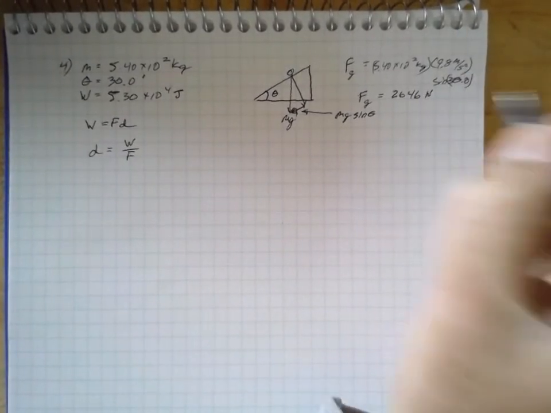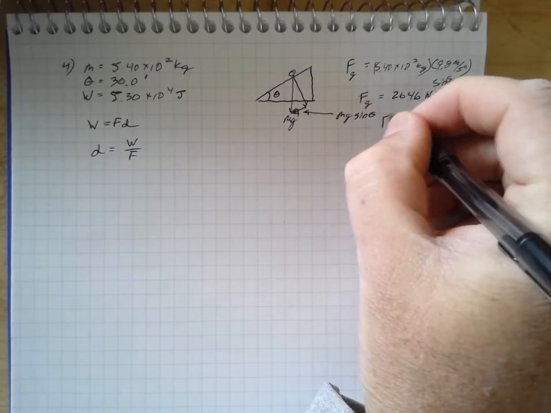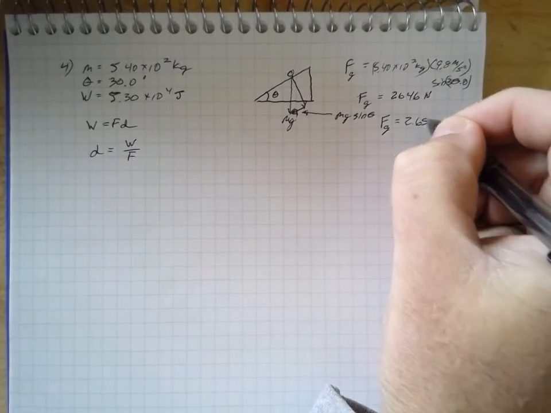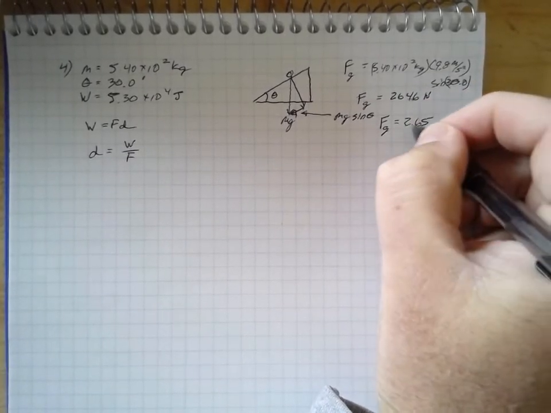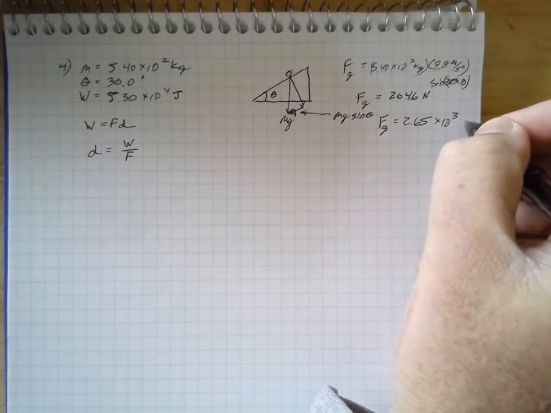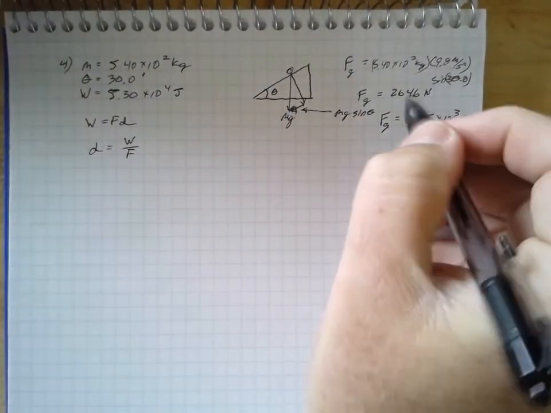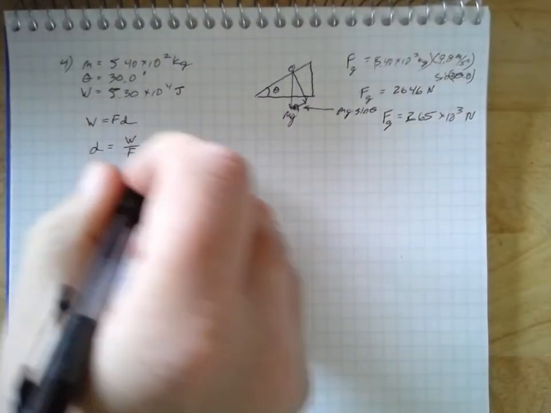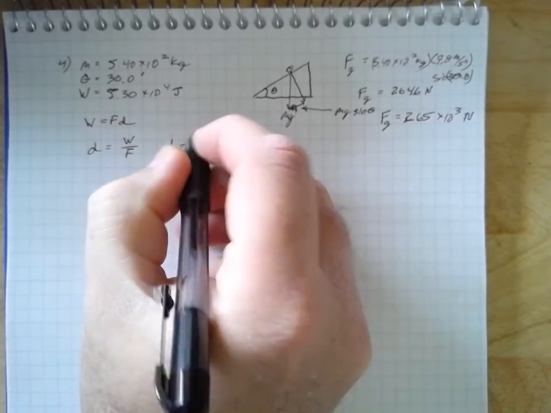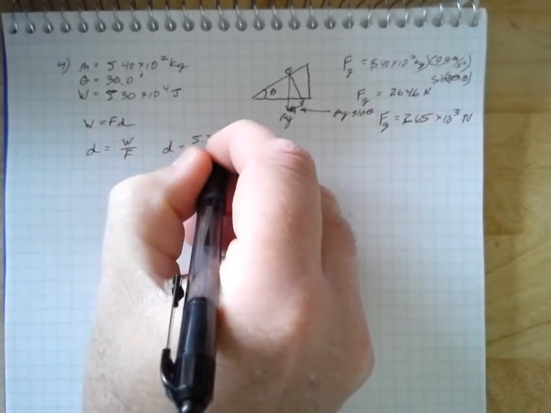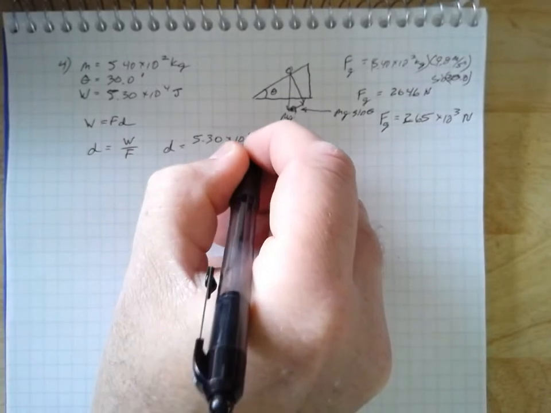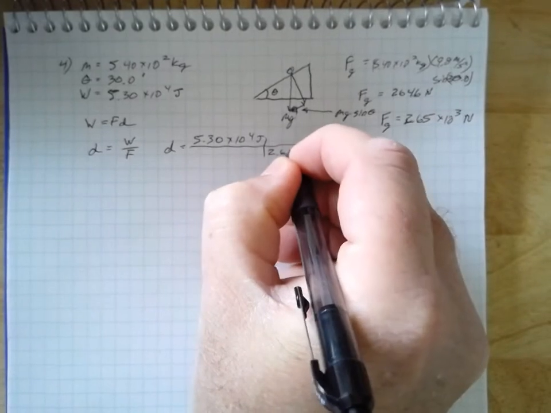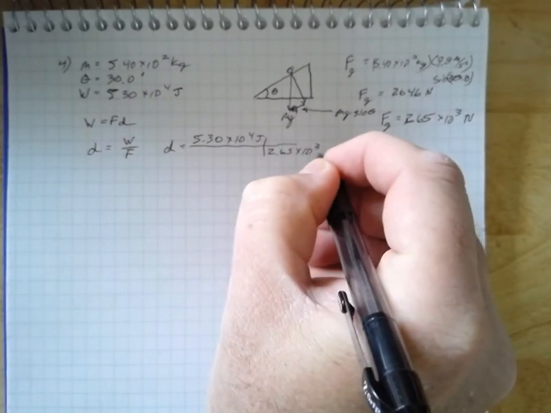We could put this into scientific notation. So force of gravity is going to be 2.65, I'm just rounding because of those two, 2.65 times 10 to the 3 newtons. And you'll see why this makes a little more sense in just a moment when we put it into the other equation. So over here, distance equals 5.30 times 10 to the 4 joules divided by 2.65 times 10 to the 3 newtons.